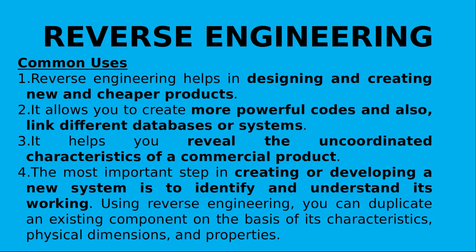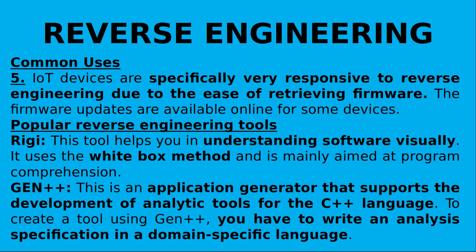Another one is revealing the coordinated characteristics of a commercial product; we take the commercial product and develop it easily. Creating or developing a new system by identifying and understanding the working system. IoT devices are especially vulnerable to reverse engineering due to the ease of retrieving firmware.